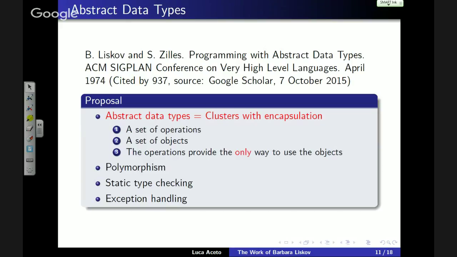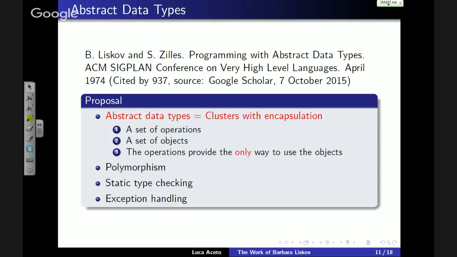So static type checking is something she wanted. And they also called for exception handling. That's something that today we take for granted, but it was a totally new idea at the time. There were other people working on languages for data abstraction with exception handling, but not that many. And it makes a lot of sense, because perhaps the programmer might be foolish enough to call a pop operation on an empty stack. Well, what do you do? You make everything crash? Perhaps it's a good idea to have some exception handling just in case that happens.